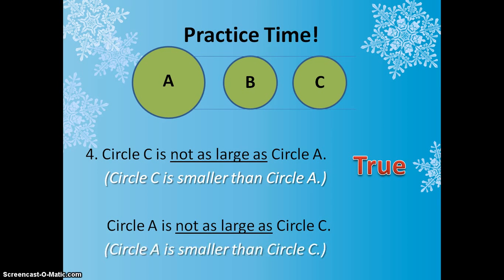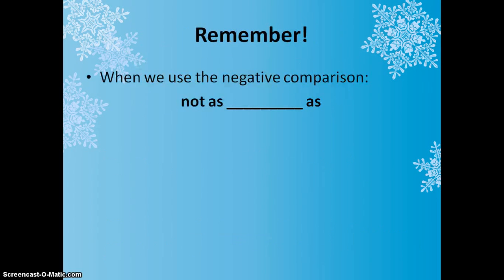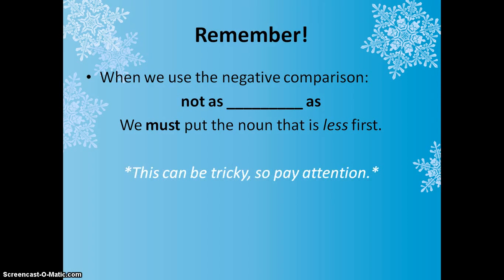Our second sentence means circle A is smaller than circle C. But that's not true. Circle A is the largest circle, so we cannot say circle A is not as large as circle C. So remember, when we use the negative comparison, not as, we must put the noun that is less first. But this can be tricky, so you have to pay attention.